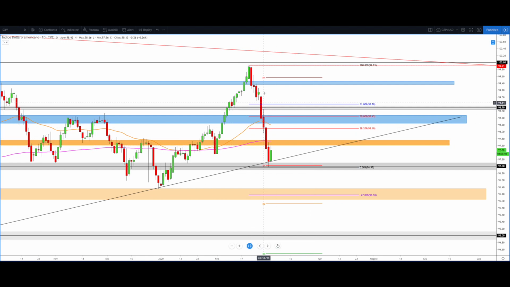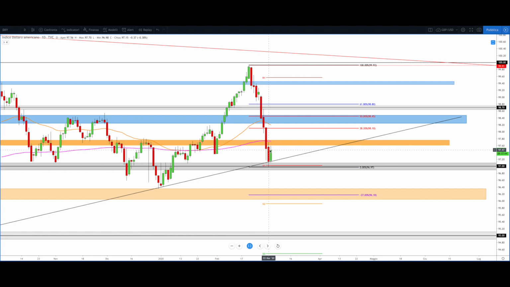So after this touch, guys, we now need to carefully watch the price action, because if the price completes this bullish engulfing candle and closes this daily candle in this way, this could be a really strong bullish signal that could bring the price to a correction after this huge bearish movement.